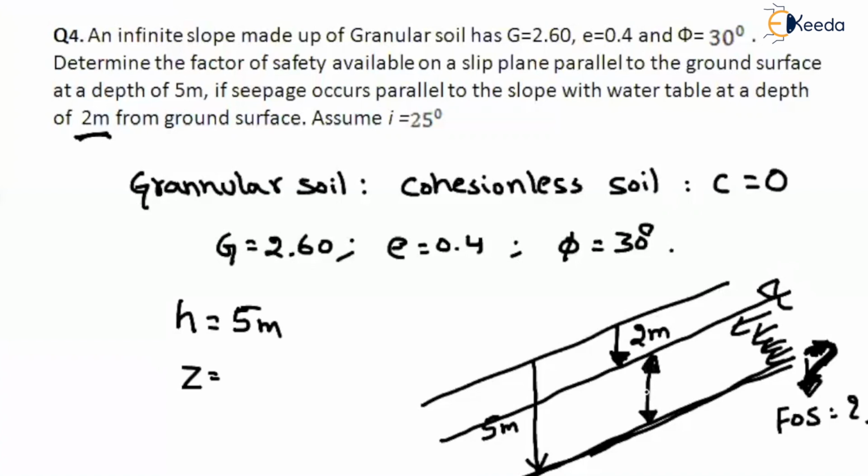Total is 5 meters, so if you subtract 2 meters, 5 minus 2, according to our convention the Z value is 3 meters. And the slope of the surface is given as 25 degrees. So if this is the case, what is the factor of safety?